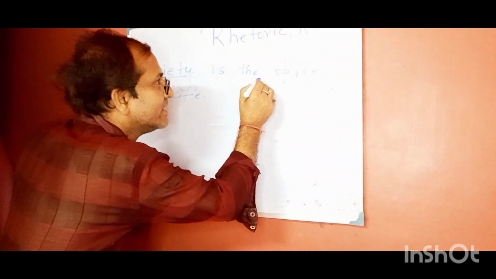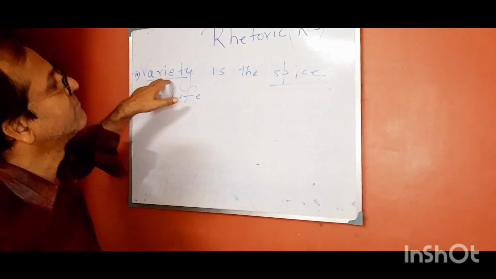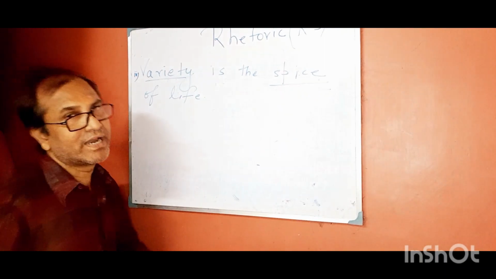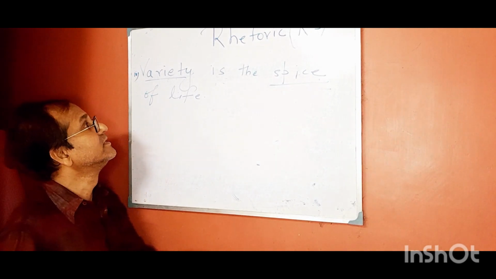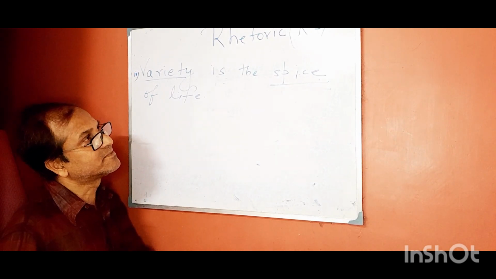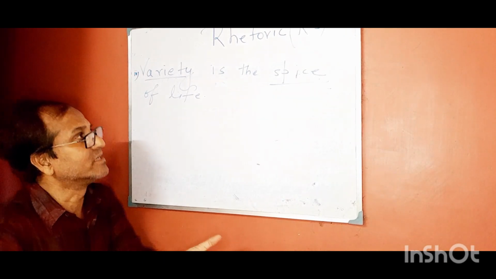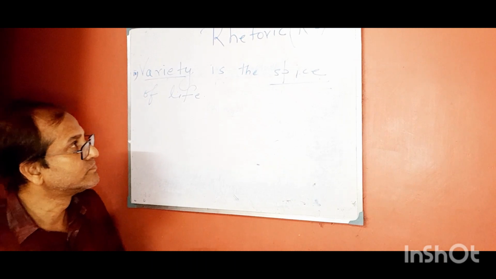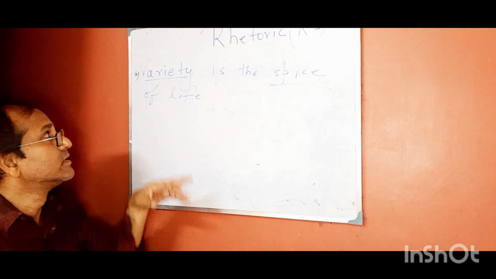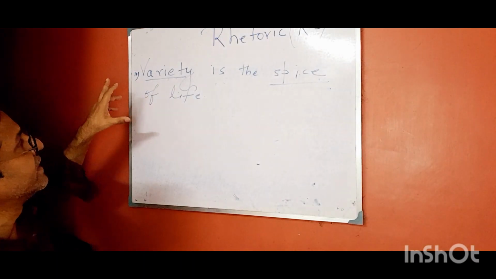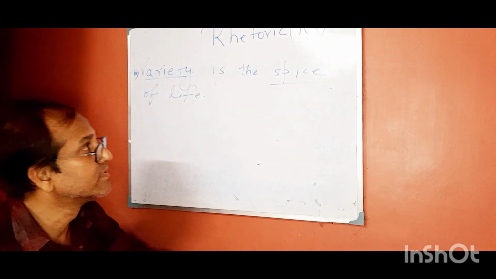Variety and spice. The comparison was done between variety and spice. As variety enhances our life, as the spice enhances our preparations, variety also enhances our life, the feelings of life.